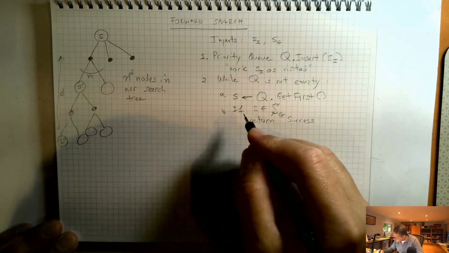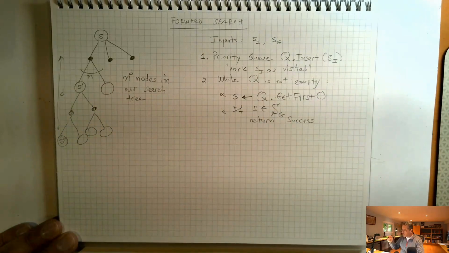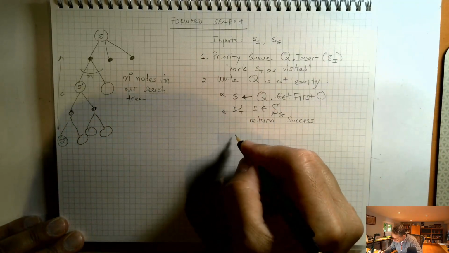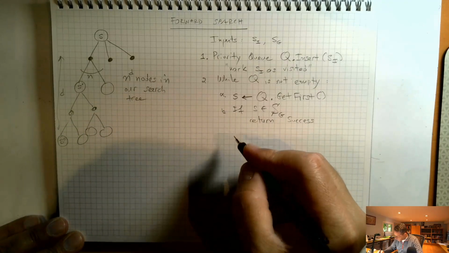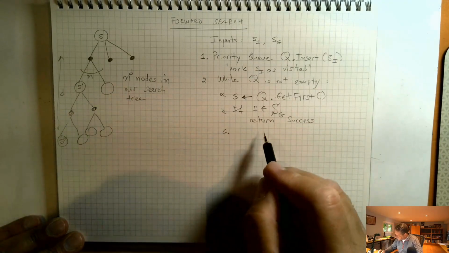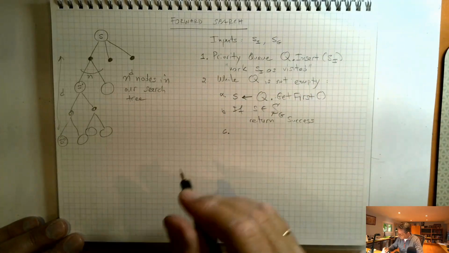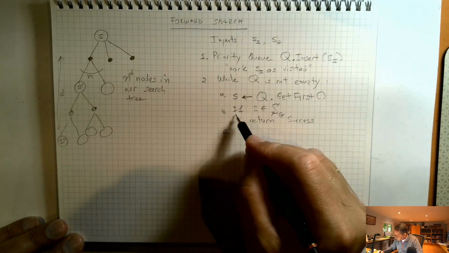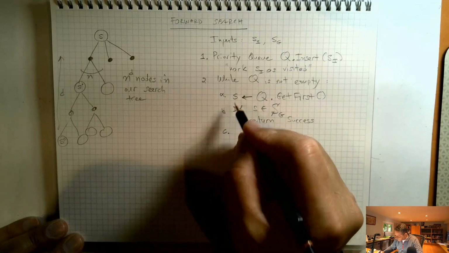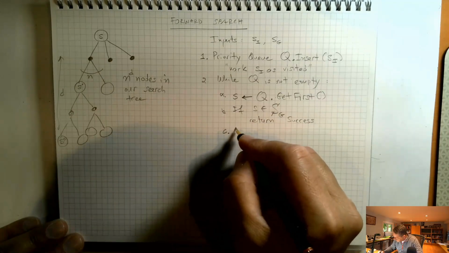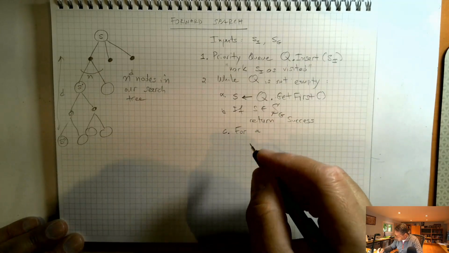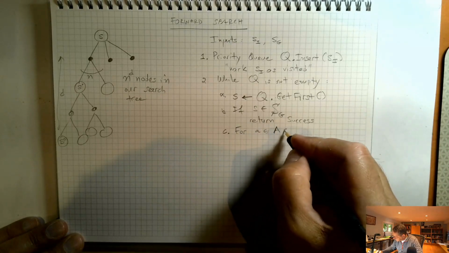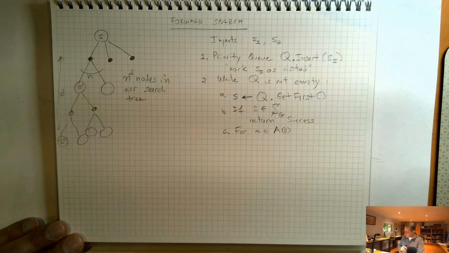But if not, if that highest priority element is not one of the goal states, then the search terminates. But if this condition is not satisfied, then for that S, what we will do is we have a for loop: for A, for the action, belonging to the set of actions that can be taken out of that state S.